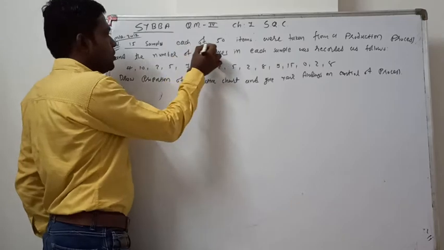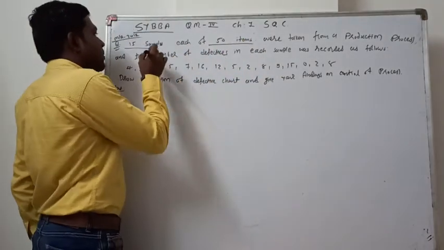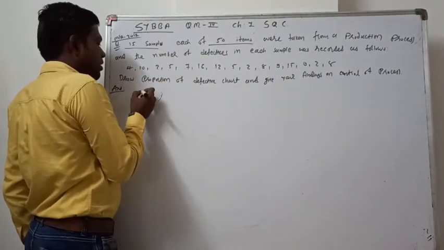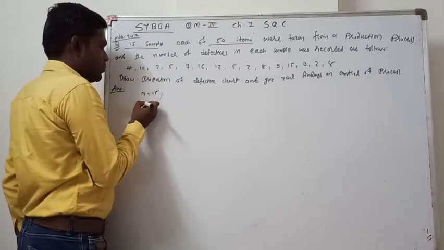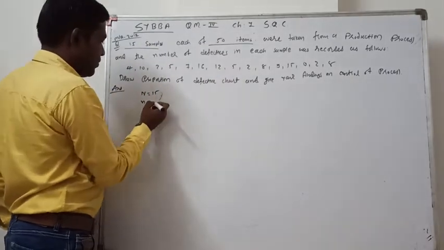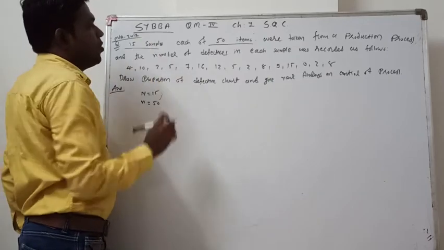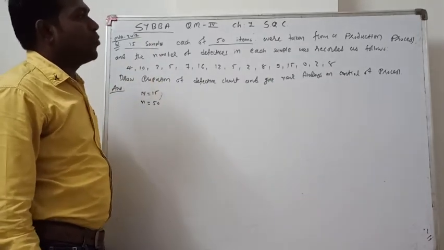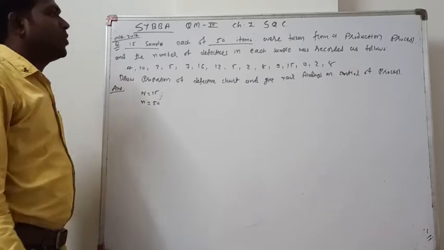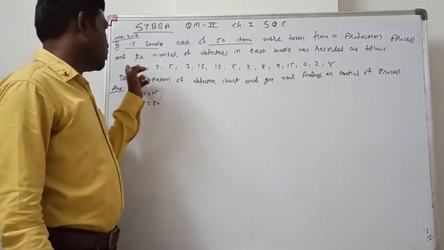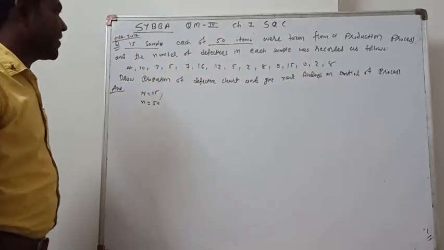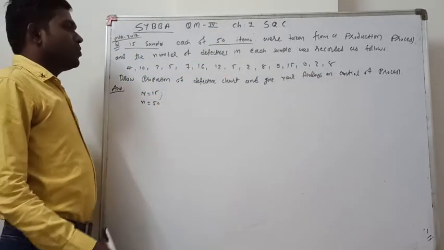That means capital N is 15 and small n is 50. Each of 50 items were taken from a production process, and the number of defectives in each sample was recorded as follows. These are the number of defectives, that is our x.